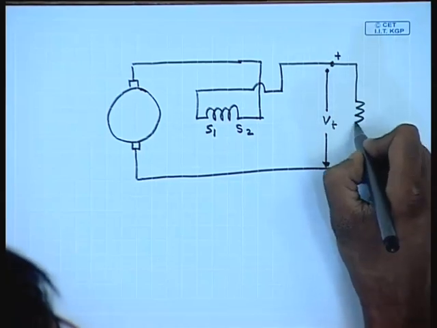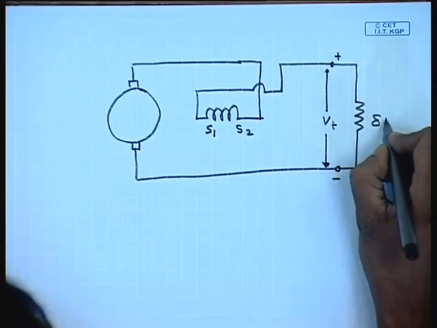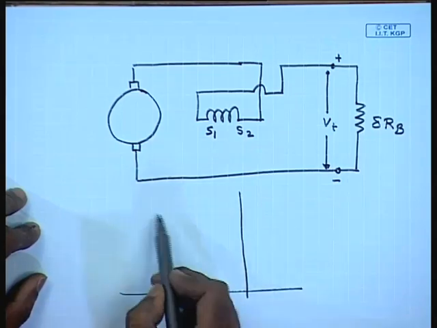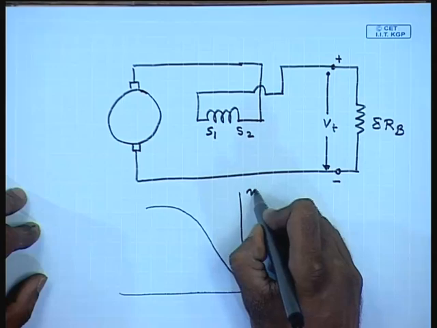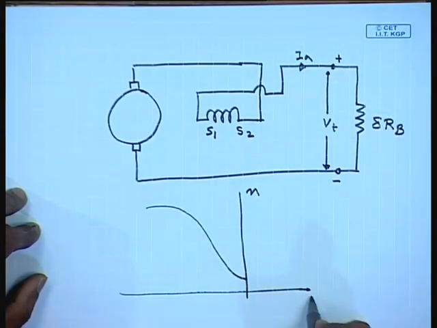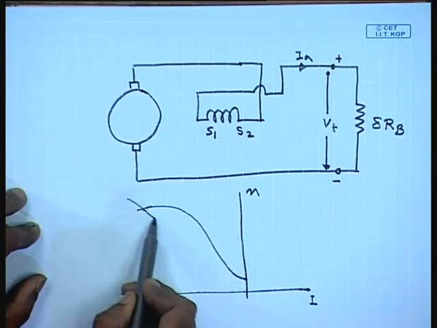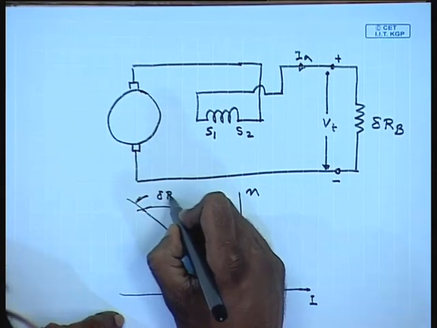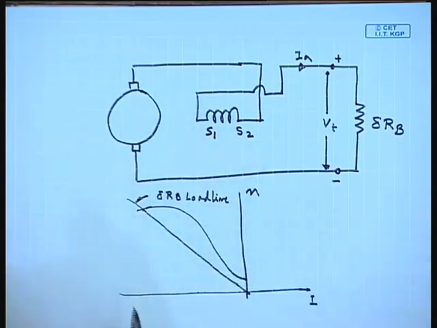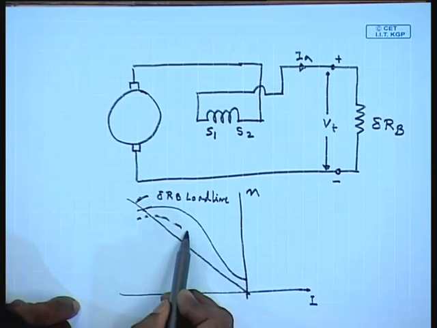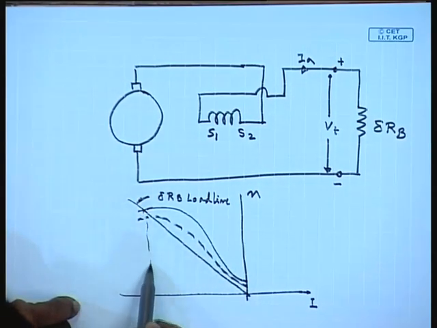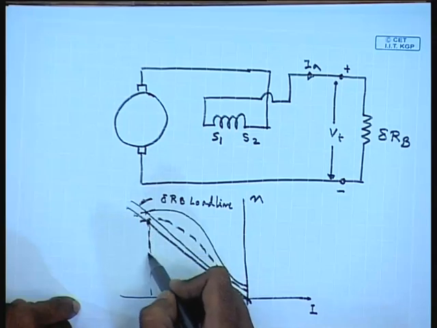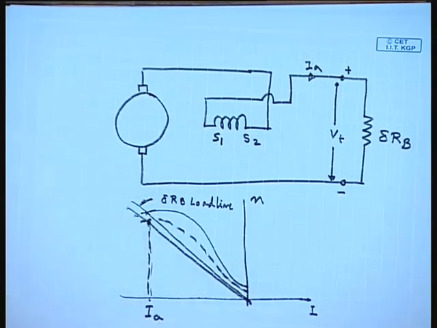Here we have connected a variable resistance delta R B. Since as the machine slows down, the OCC drops, but at the same time the delta can be varied also, so that the braking current and hence the torque remains almost constant.